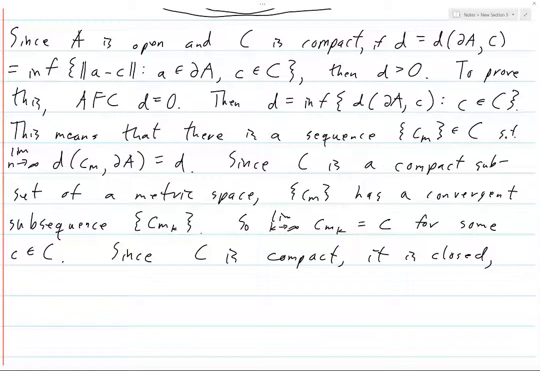Yeah, so this limit is c for some c, and this c is just some element of Rn. We don't know where it is yet necessarily.